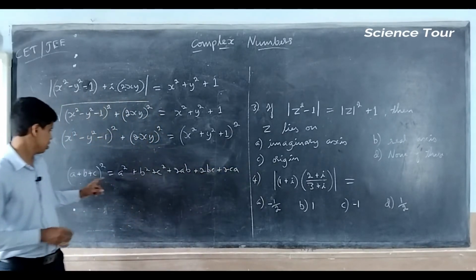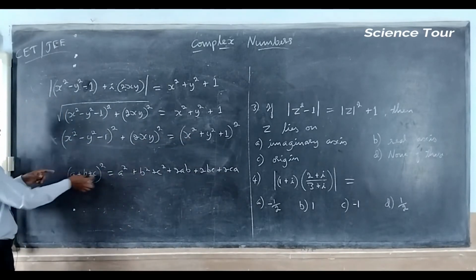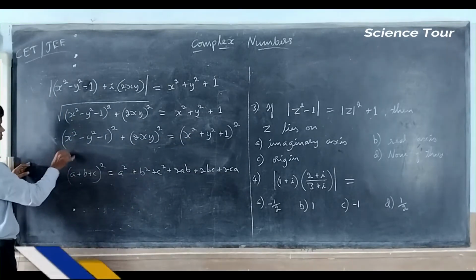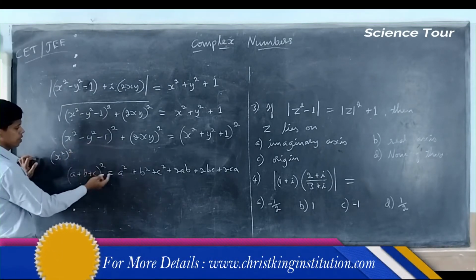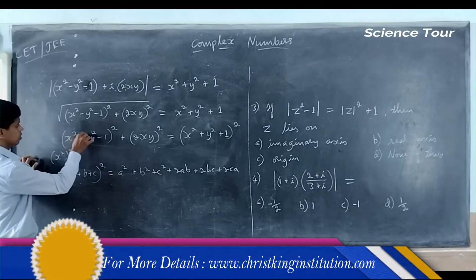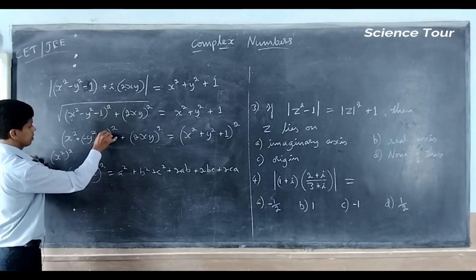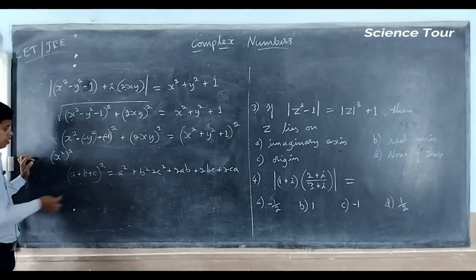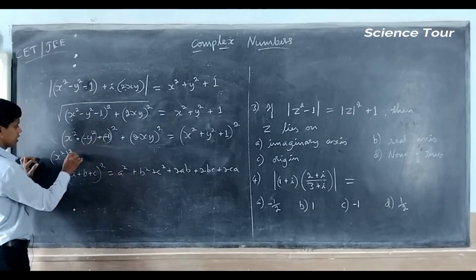So this formula should be used here as well as here. So let me use it here. So you have got a square, that is x square the whole square, and then in place of y I have got this, correct? Right, so a, b and c, a, b and c. So now I should write b square.